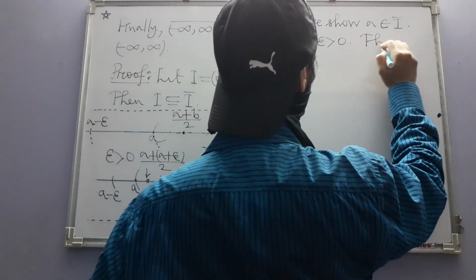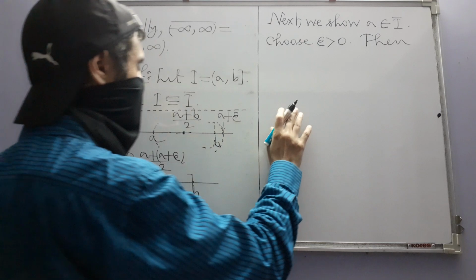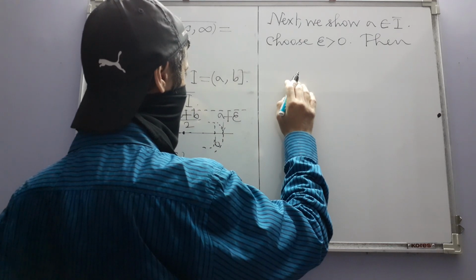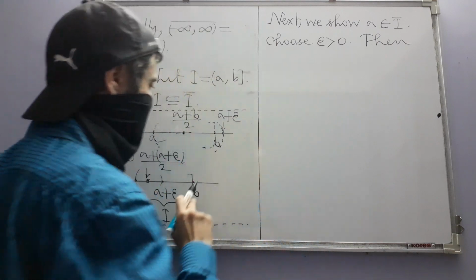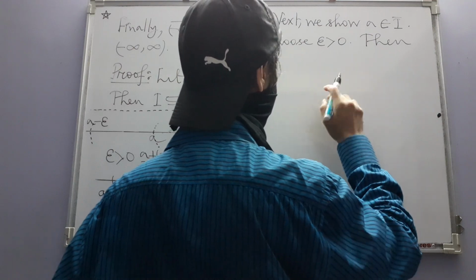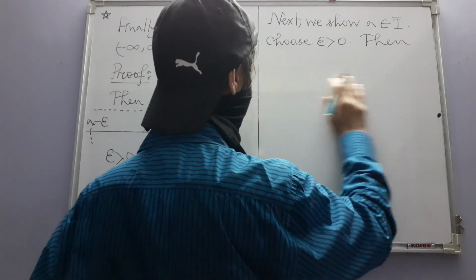Then, should I use the notation of minimum of? Let me just use that. Instead of calling that also something else, let me just do it directly.